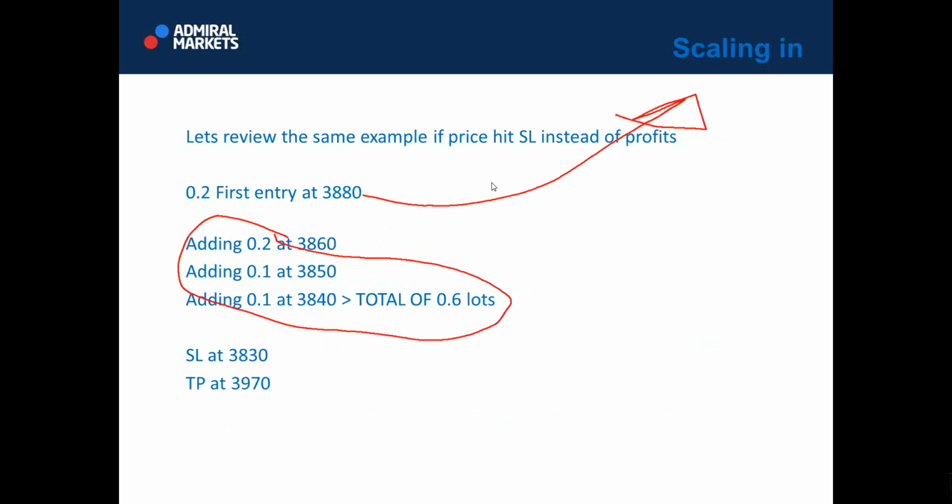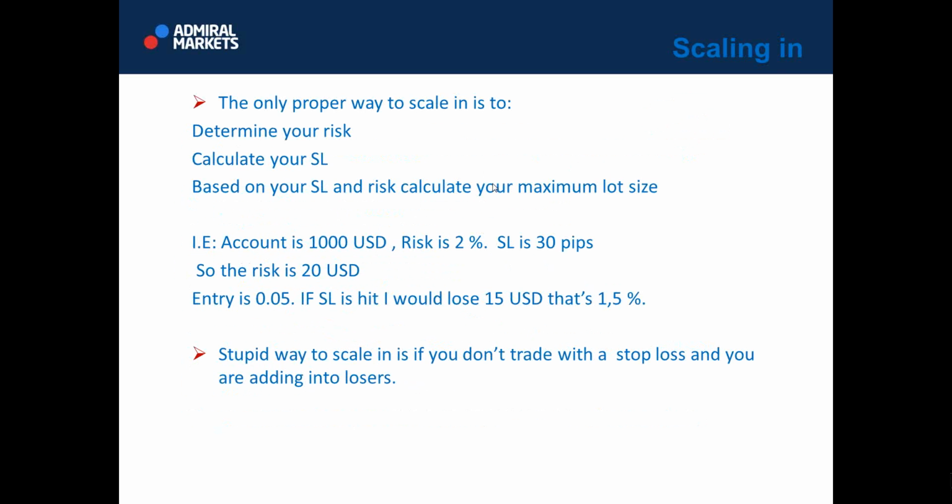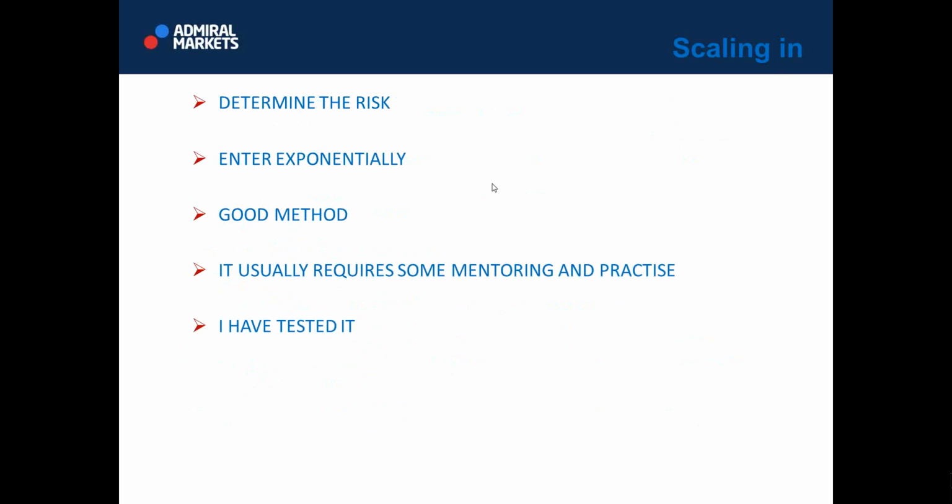But that is the thing which you need to have in mind. If you trade with a developed method, with a developed system, scaling in can be either incorporated into that trading method or not. So there is no gray, there is only black or white. Either it can use scaling in or it cannot use scaling in.